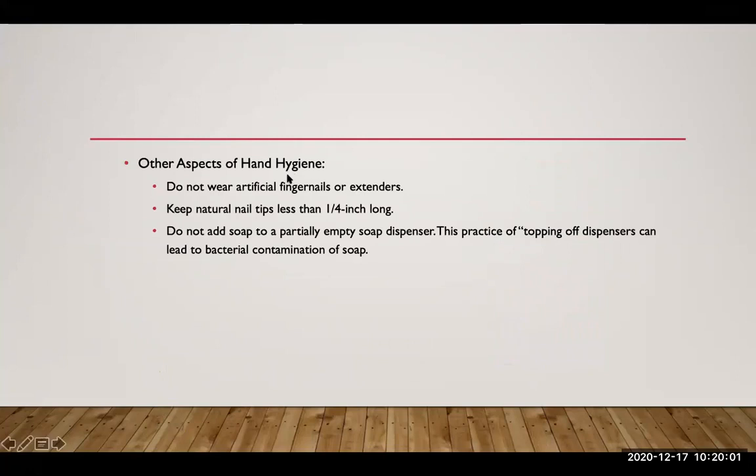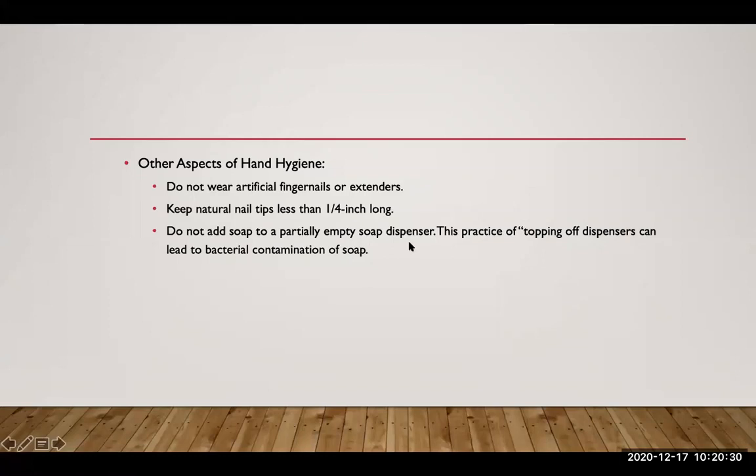What are the other aspects of hand hygiene? It is very, very important not to wear artificial fingernails or extenders. And the natural nails, the tips of the fingernails, should be less than quarter inch. And do not add soap to a partially empty soap dispenser.